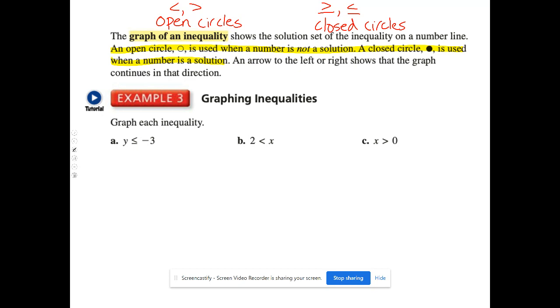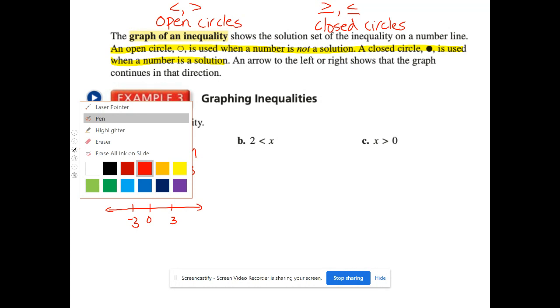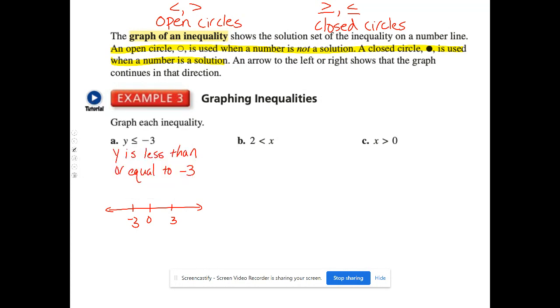So in letter A, what is this exactly saying? It's saying y is less than or equal to, we wrote it in words, negative 3, so any number that is less than or equal to negative 3 would be a solution. Now we have to graph our inequality. When you graph the inequality, create a little number line. Here's 0, positive 3 would be over here, negative 3 would be over here. We're going to do our solution in blue.